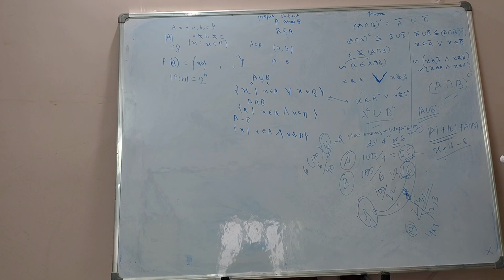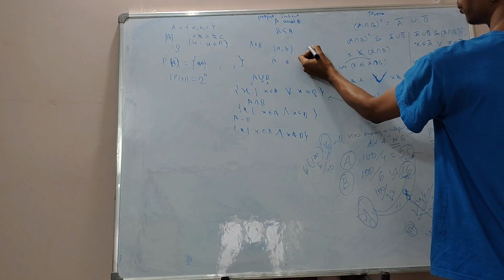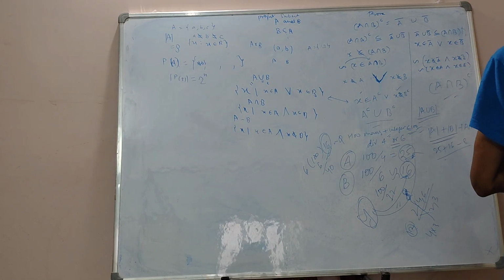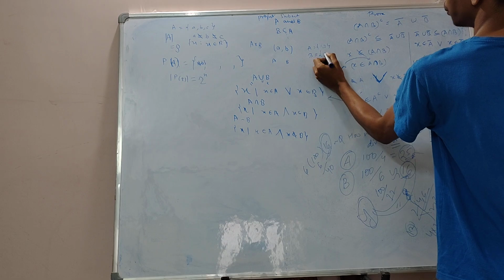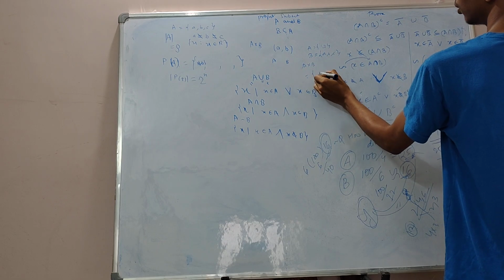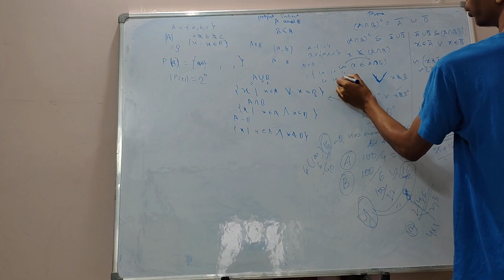Now a relation is any subset of the Cartesian product of sets. Right, so any subset of the Cartesian product. Suppose I have A as 1, 2, and B as a, b, c, and A cross B will give me simply 1 comma a, 1 comma b, 1 comma c, 2 comma a, 2 comma b, 2 comma c.